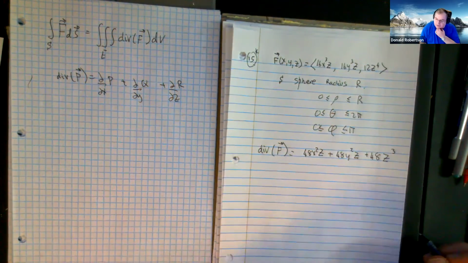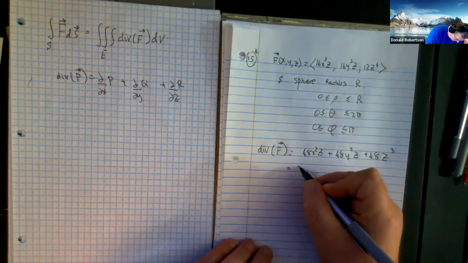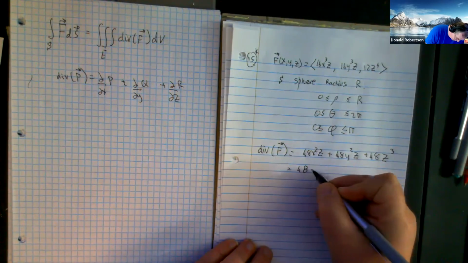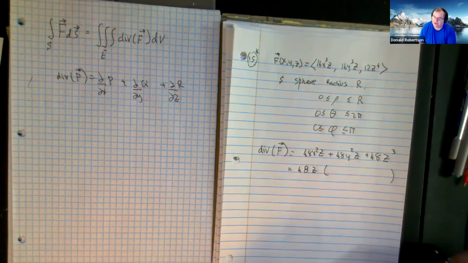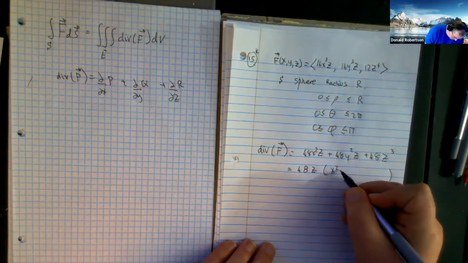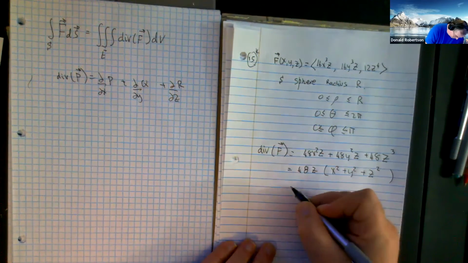So far, so good. Can you see that there's a very nice common factor that they all share, which is 48z? And if I pull that out, I get x squared plus y squared plus z squared.